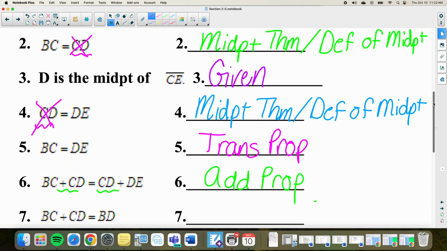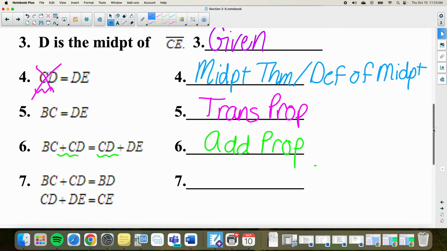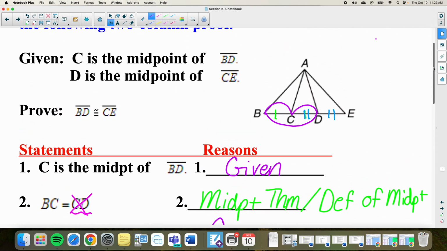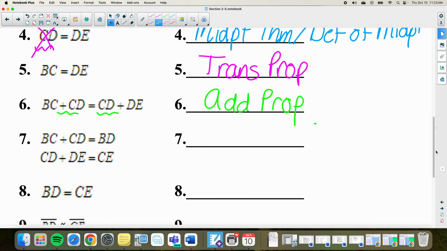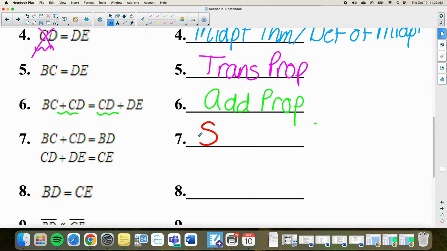And that first one says BC plus CD equals BD. And that is how they got that. They did segment addition postulate. The second one, they have CD plus DE is equal to CE. And that is also segment addition postulate. So what we're gonna write here then is we're just gonna write segment addition postulate.